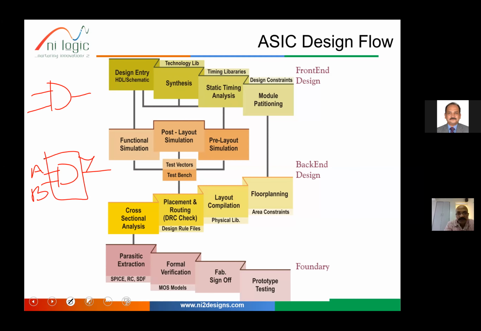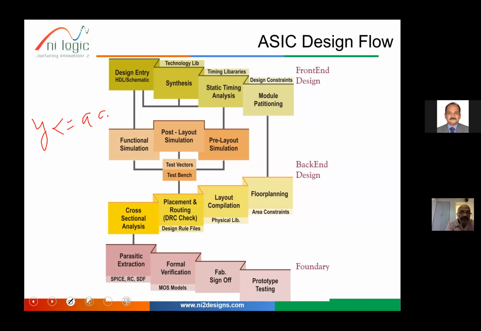It is also possible that you write in VHDL, where you say that Y is nothing but A and B, simple. Or in Verilog, you may write A ampersand B. This is nothing but the description of the design, and this is called a design entry.